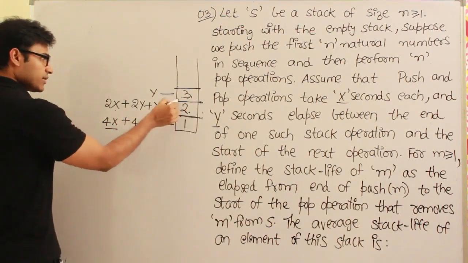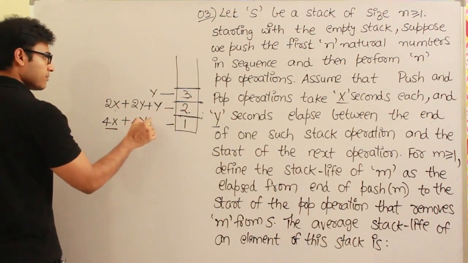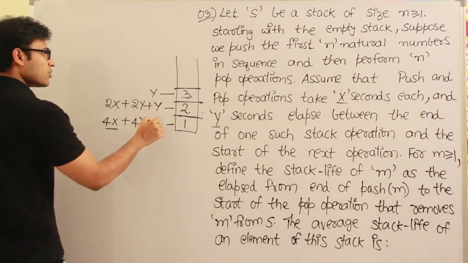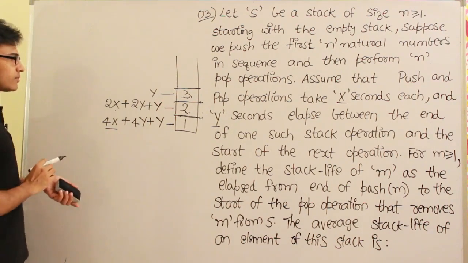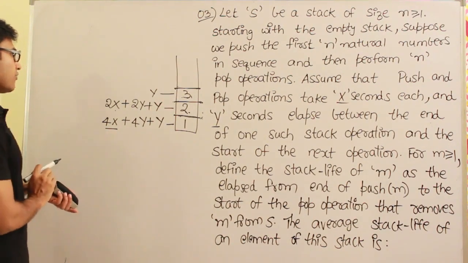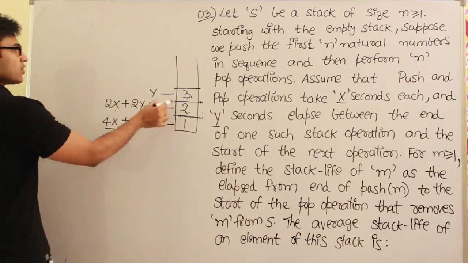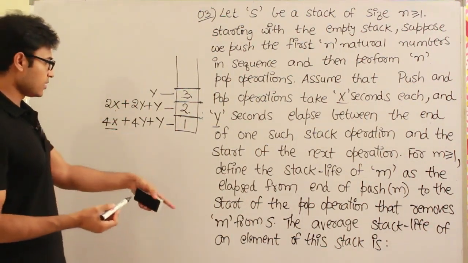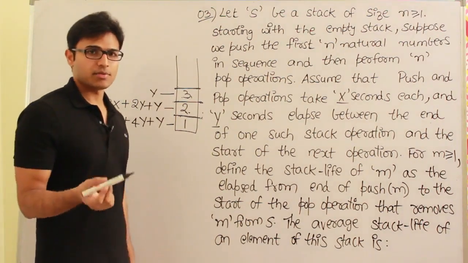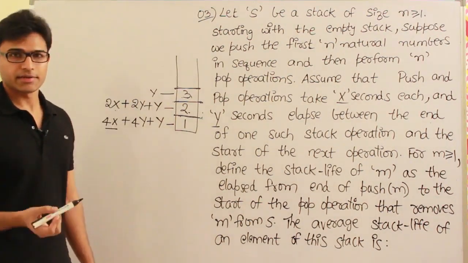Therefore, these 2 lines are going to contribute 4y time, plus this line is going to contribute only 1y. Got it? Right? What is the total time? You can add this all up and then divide by 3, right? I didn't write the options here, but you can check the options, you can substitute it, you'll definitely get the answer, right?